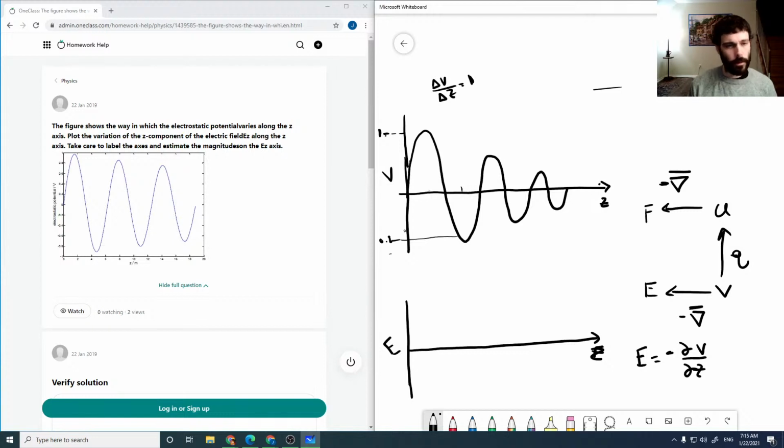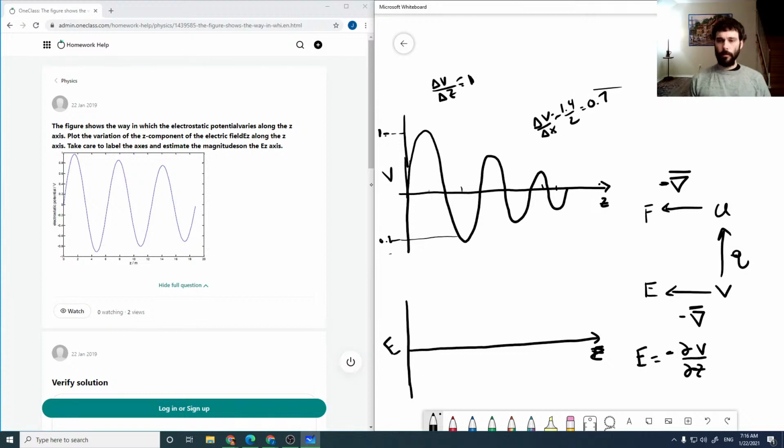and go down to, now I haven't drawn it to the same kind of scale here, but it does look like over here, my delta V over delta Z is about 0.8 to negative 0.6, so about 1.4 over about 2, so about 0.7.